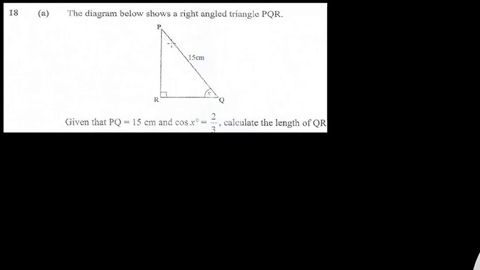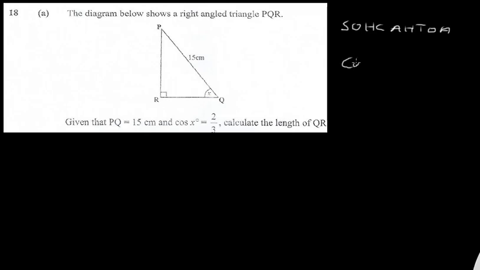So we've been given PQ, and we've been given cos x degrees. So going by SOHCAHTOA, remember SOHCAHTOA? Which trigonometric ratio have we been given? We've been given cos.